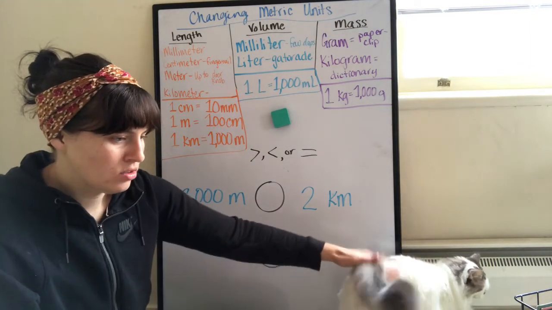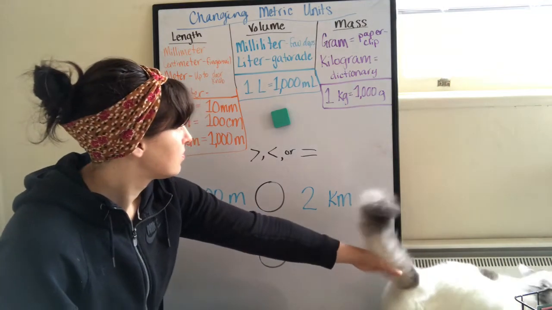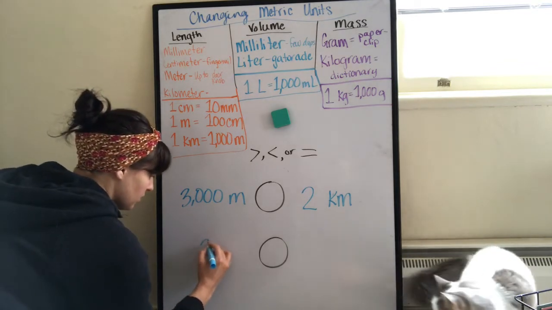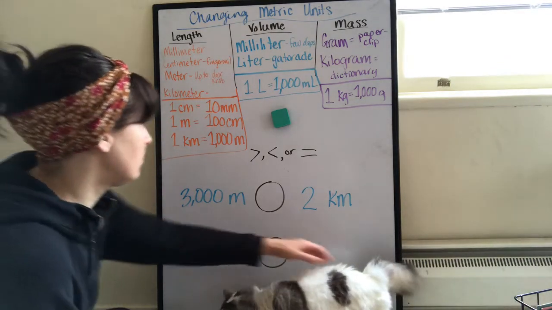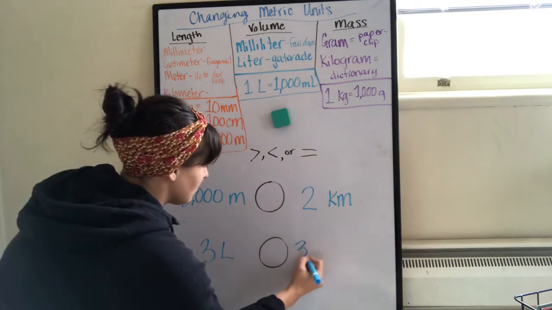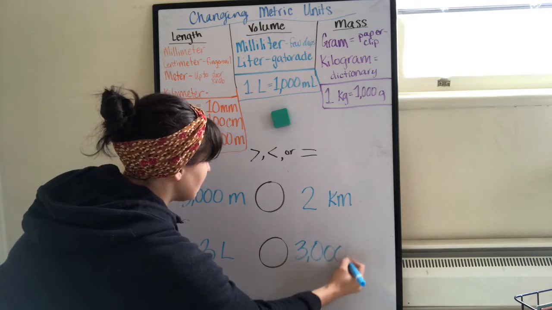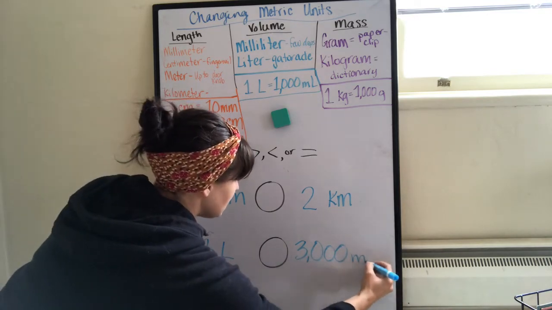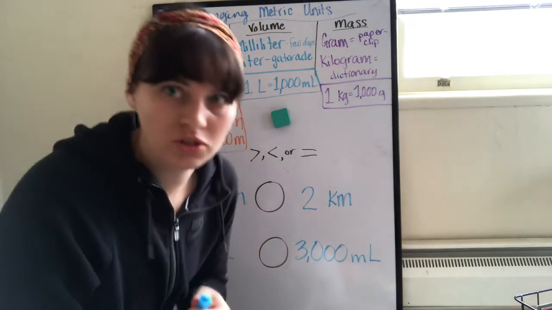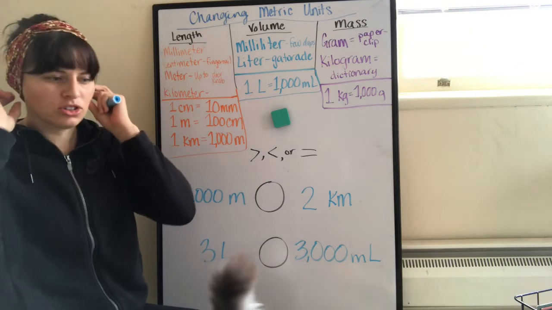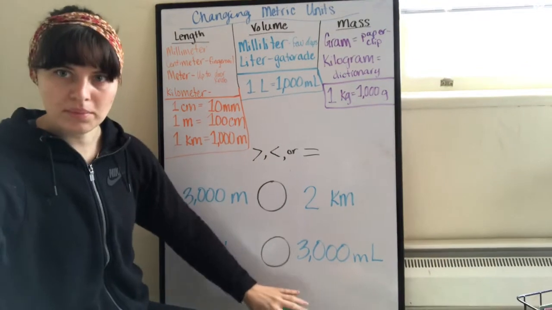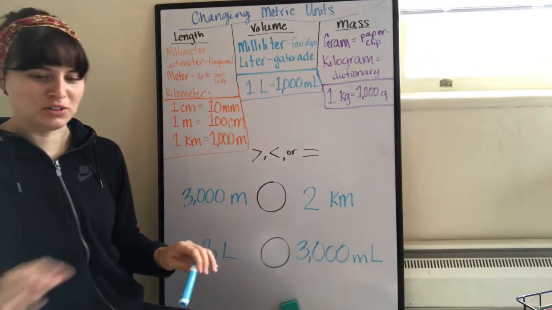And then let's do 3 liters and 3,000 milliliters. Greater than, less than, or equal to. So you're going to do those 2 problems and you're going to send me the answers. So it's just kind of review on the things that we've done with the metric system. And then that's all you're doing for math.